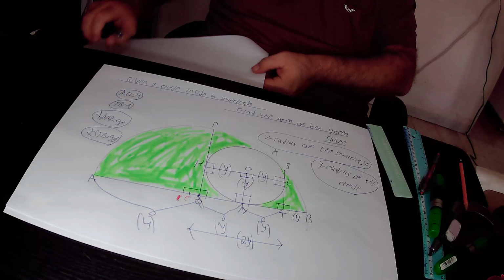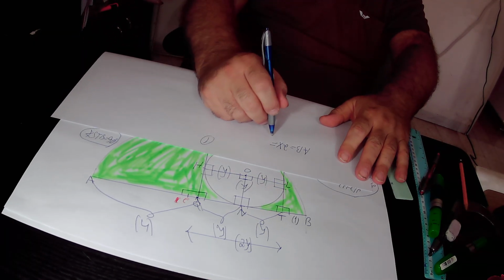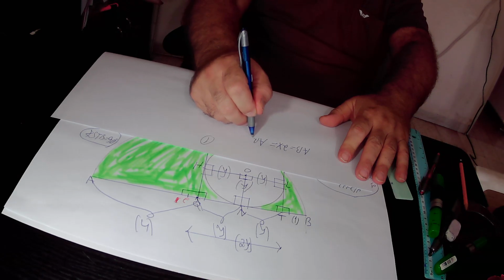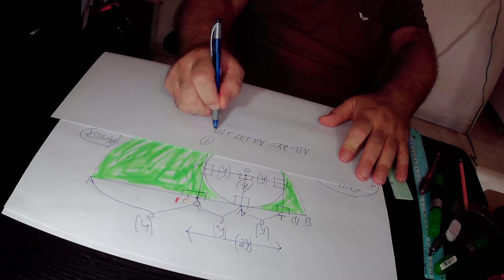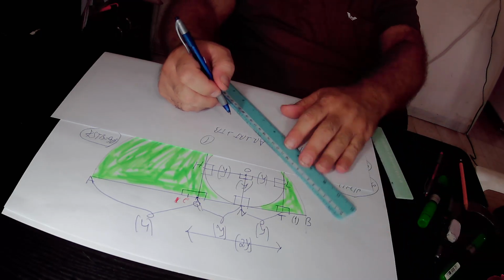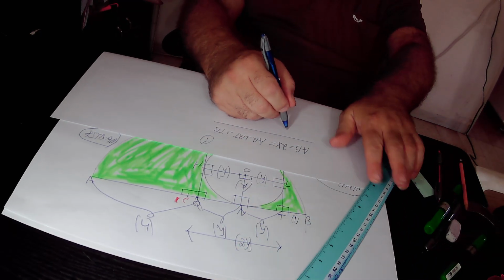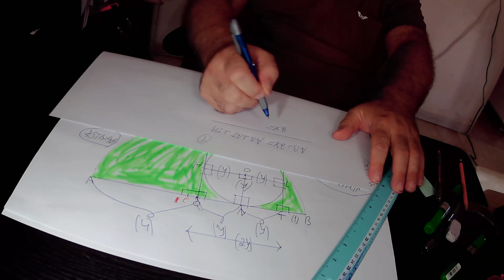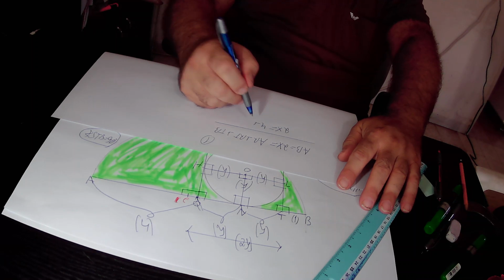So I'll write it down. We found out that the diameter AB equals AQ plus QT plus TB. AB equals 2x and 2x equals AQ. AQ is 4 according to what is given in the question, plus QT.